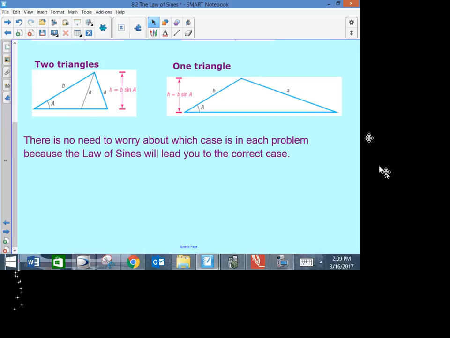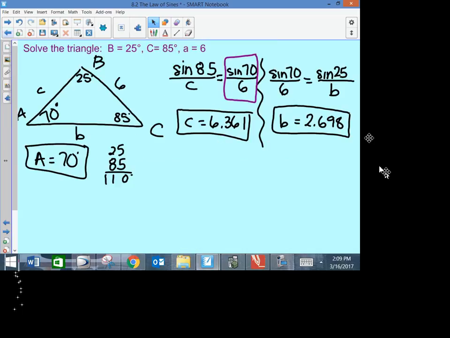Now, we're going to have to check for the SSA. Before we get into SSA, we had this given angle, we had the side, and we had 85. You see that that is going to be one triangle because it's angle, side, angle. This is a solid congruency thing.